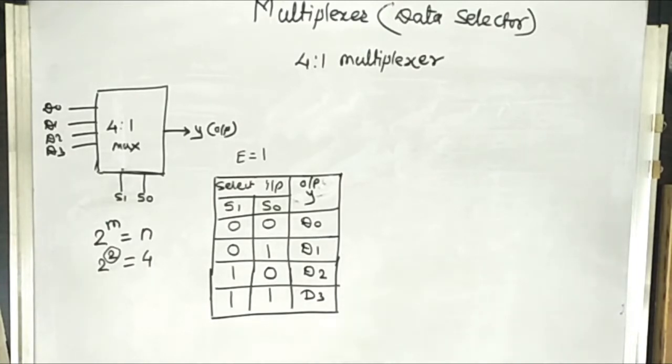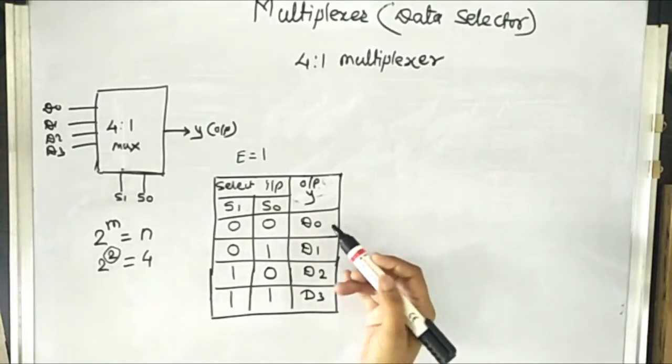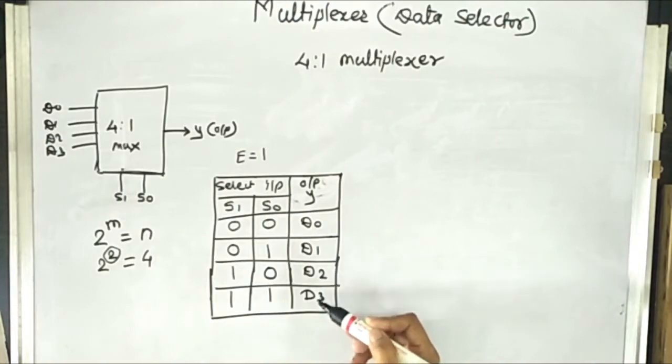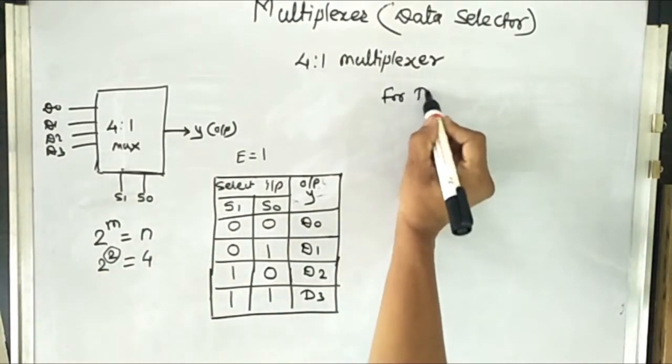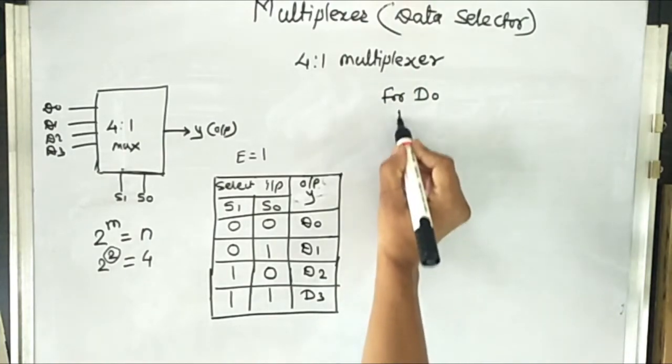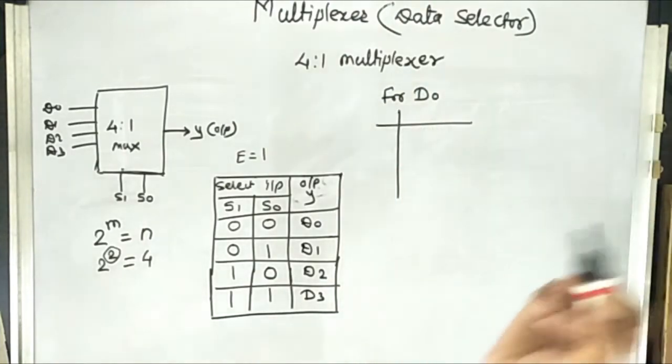To get the simplified equation to draw the logic diagram of the 4:1 multiplexer, we have to draw the K-maps for the inputs D0, D1, D2 and D3. First for D0, we have to draw the K-map.